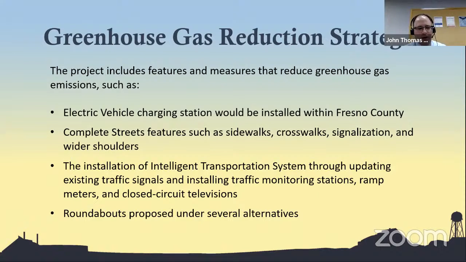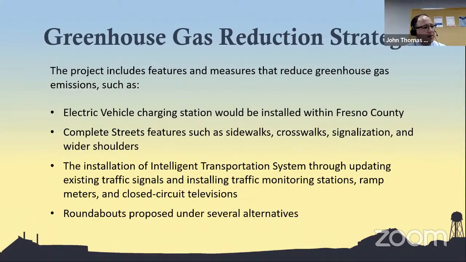Just really quickly: electric vehicle charging stations, and complete streets, which will increase pedestrian walkability and bicycling through the area. It would include Class 2 bike lanes through the facility and improved walking.